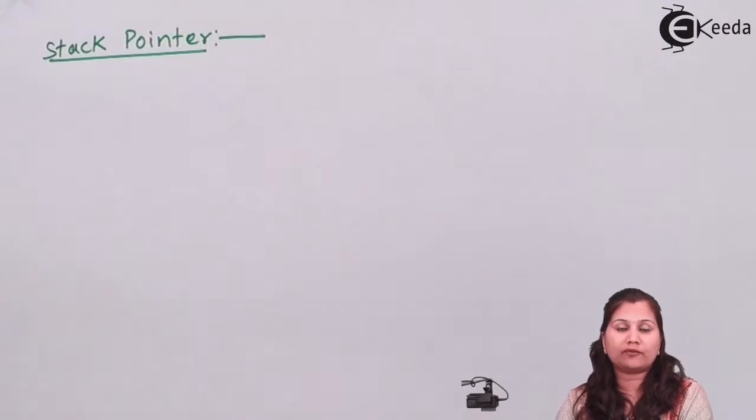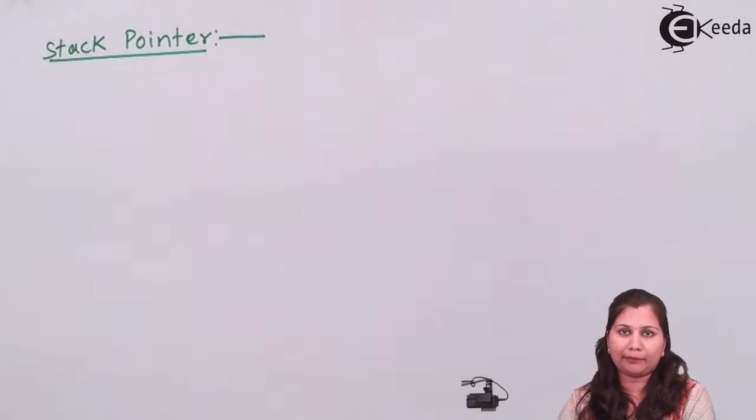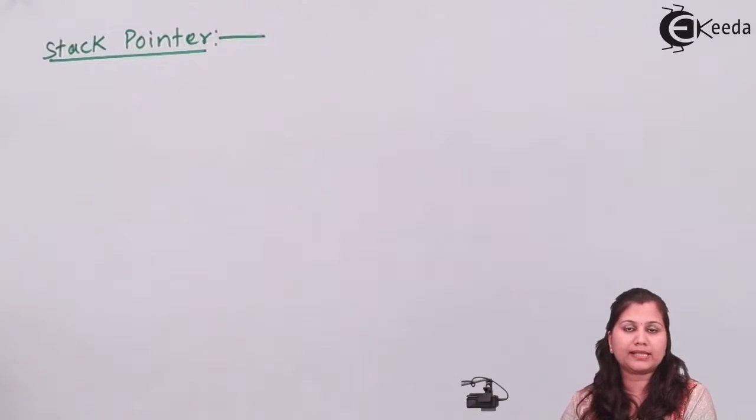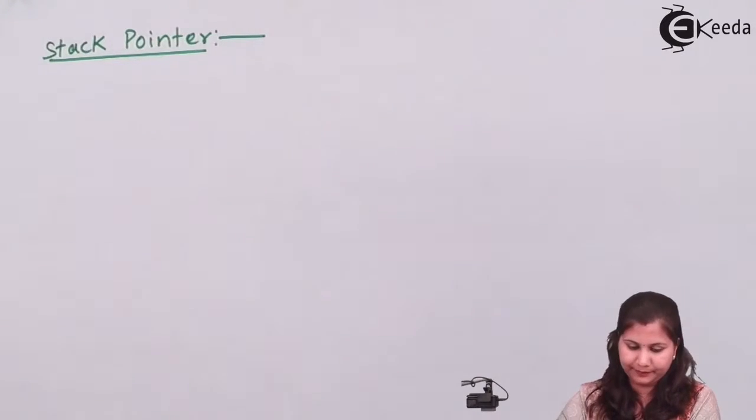The address from where the stack starts is pointed to by the stack pointer. Okay. So this stack pointer will be a 16-bit register which points towards the starting address of the stack.